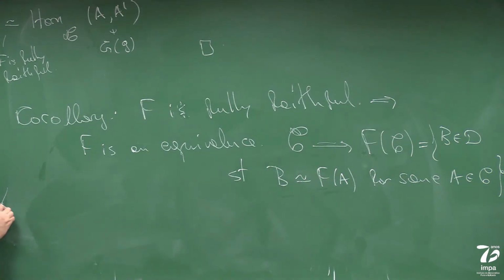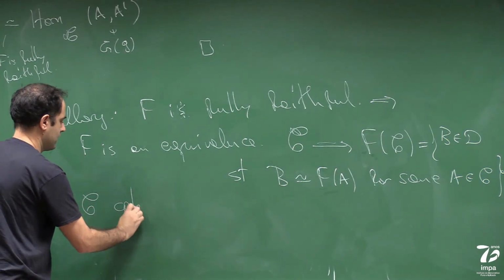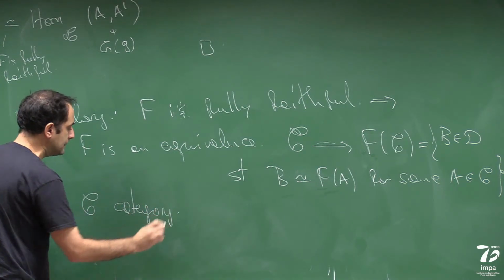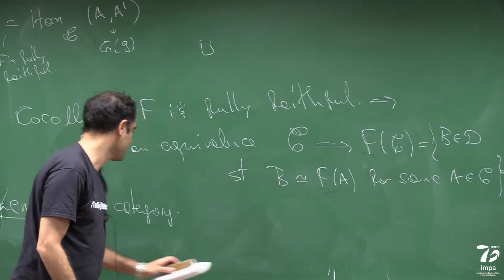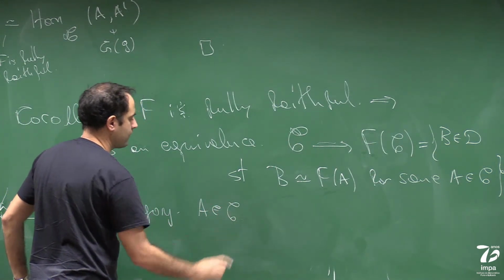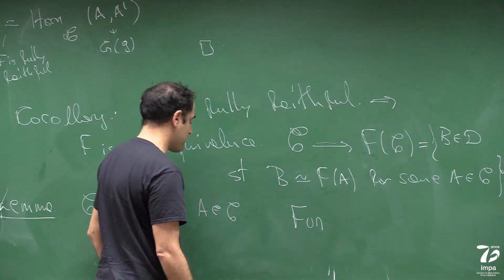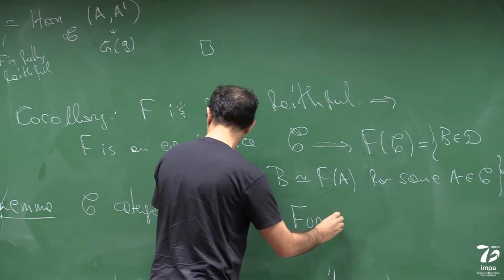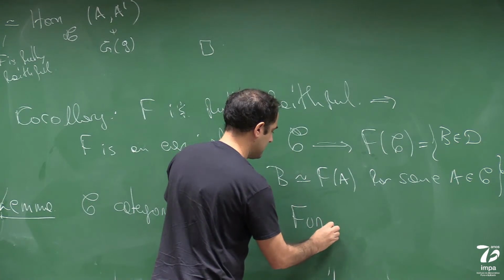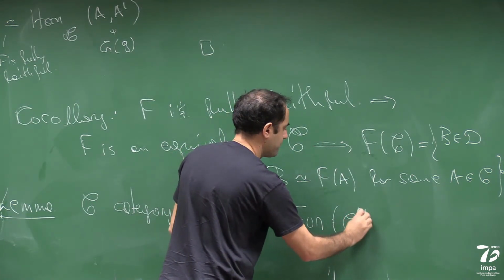Okay, so now I can actually state the lemma. Let C be a category. Let's pick an object in that category. And let's look at the category of functors from C up into Set.